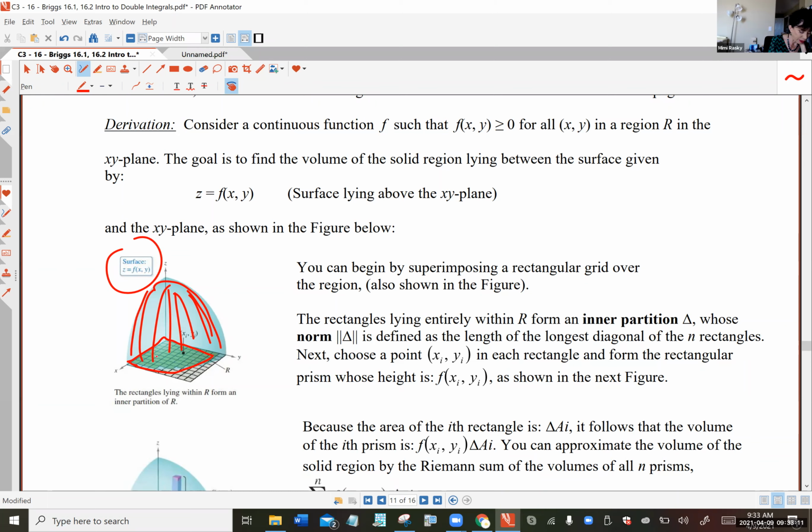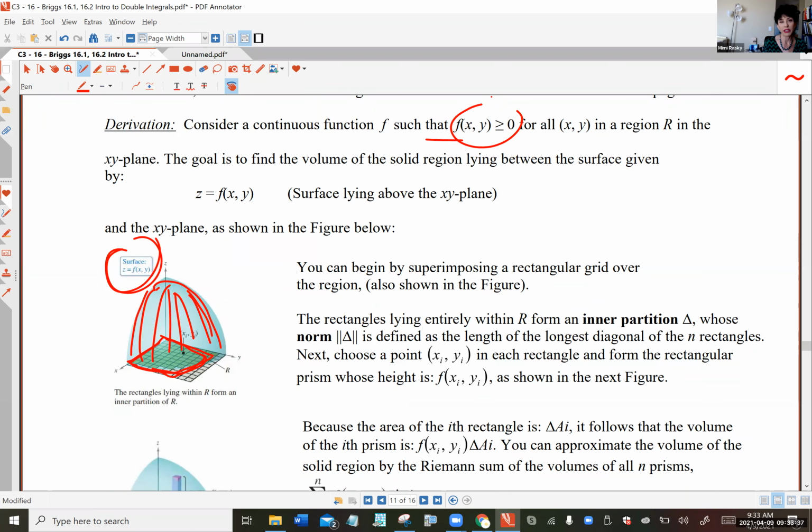The base of the solid is this region down here in the XY plane, which I just shaded red. And the cap of the solid is given by the surface, a function of two variables. So how do you do that? We are going to make sure for now that our function is positive, which means it's always above the XY plane.